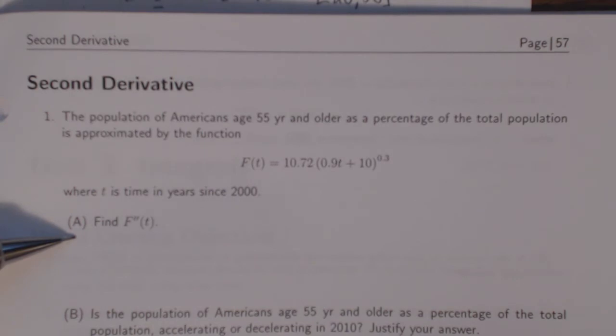We're asked to find the second derivative and then answer the question, is the population of Americans age 55 years and older as a percentage of the total population accelerating or decelerating in 2010? Justify your answer, and we'll go ahead and make an interpretation.